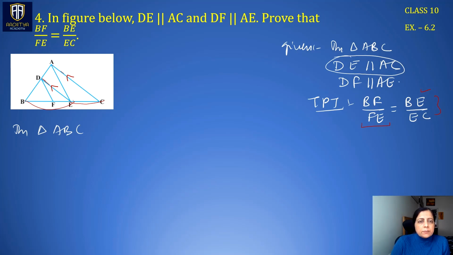If DE is parallel to AC, we can write BE upon CE equal to what? If we are writing BE upon CE from here, it is BD upon AD on the other side. We have to maintain the same pattern of taking ratios, right? So we required BE by CE in the proving part, so we have to calculate it by looking for the suitable triangle.